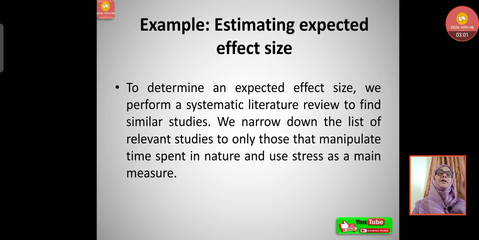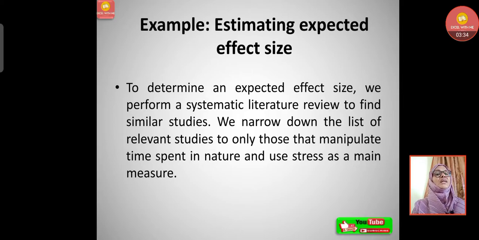Now to determine an expected effect size, we perform a systematic literature review to find similar studies. Obviously the first and foremost step is to find out the problem and formulate the objectives and hypotheses. The next very important step is the literature review. Related to our study, we will review how many people have done studies related to our problem and find similar studies.